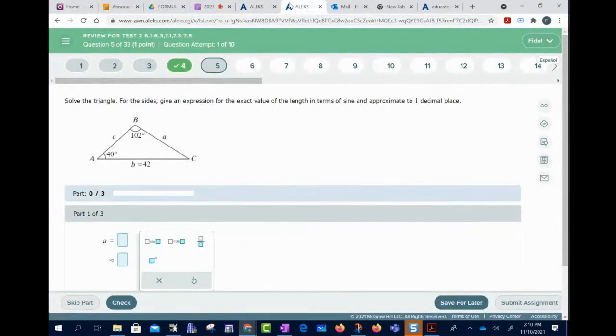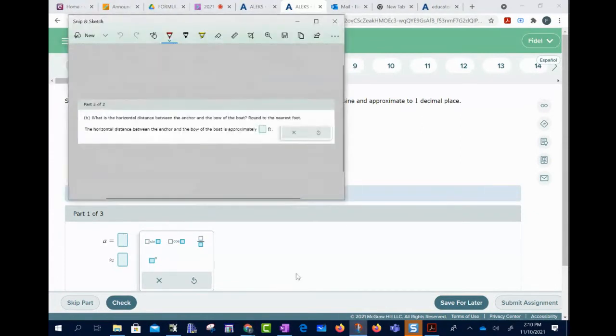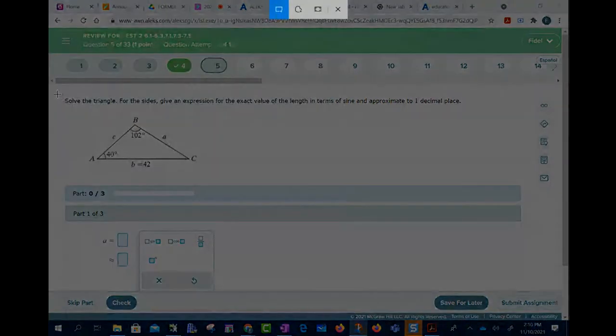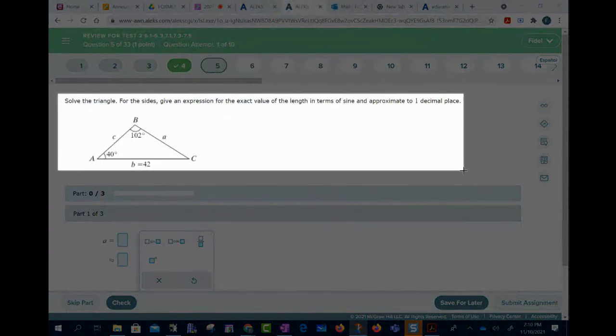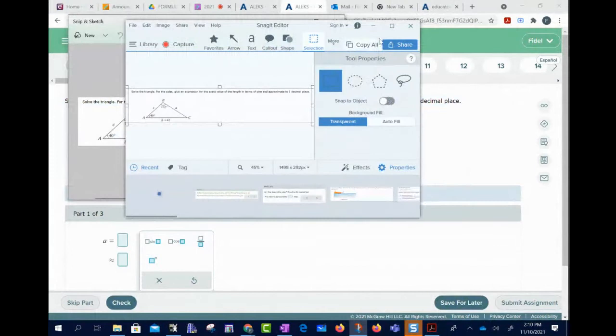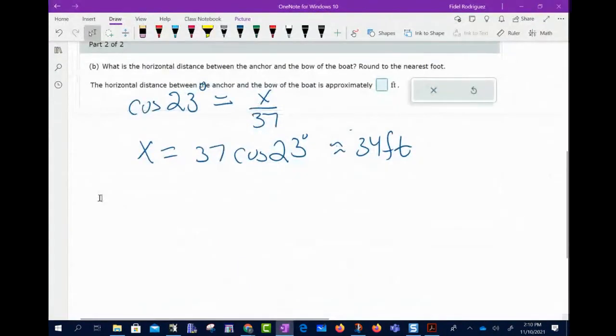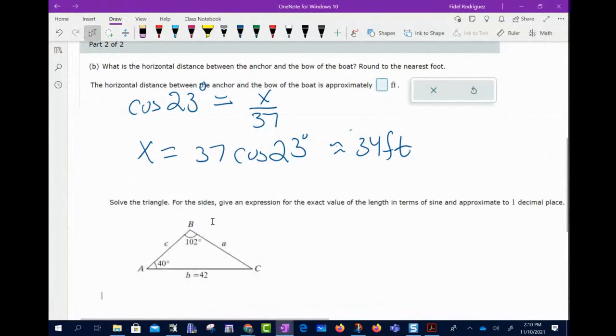It says solve the triangle for the sides, give an expression for the exact length in terms of sine, approximate to 1 decimal place. Okay, so let's do this. Let's take a screenshot here. Okay, so let me copy this here, and I'm going to paste this over here.